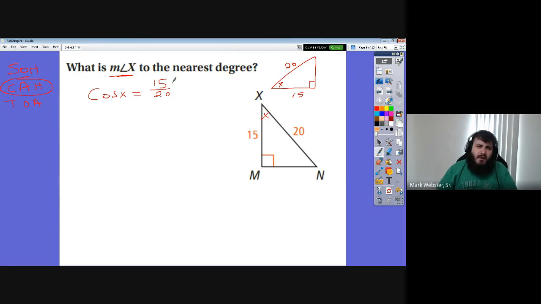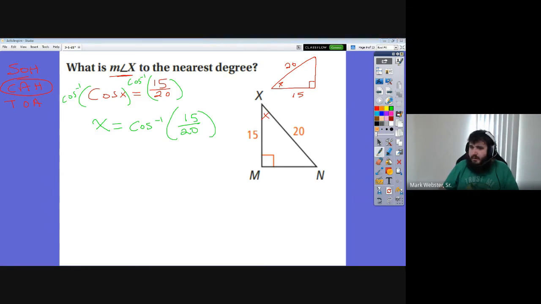What do you care? Don't worry about that. That is doing a lot of extra work for no reason, right? Don't do extra work when you don't have to. Take the inverse cosine of both sides. And then this is what's going to go into our calculator.